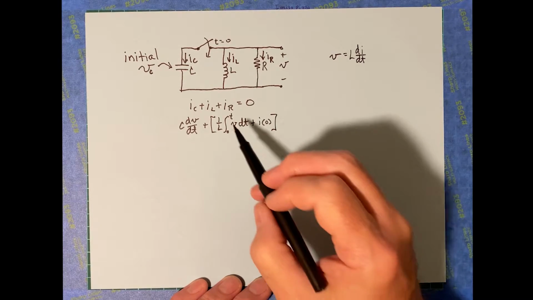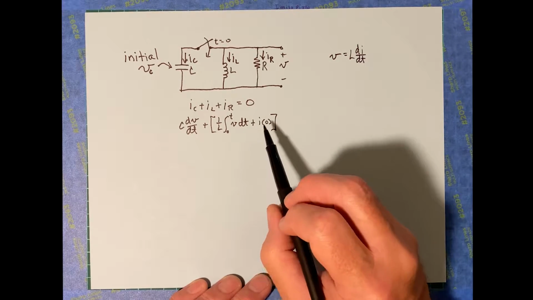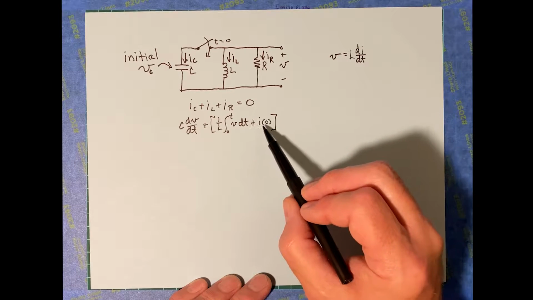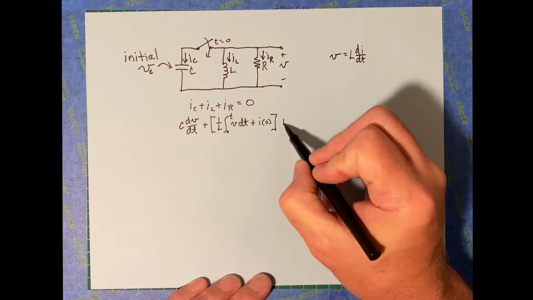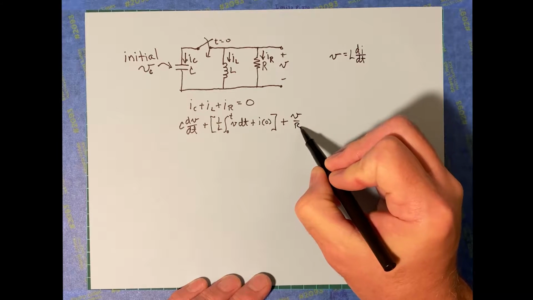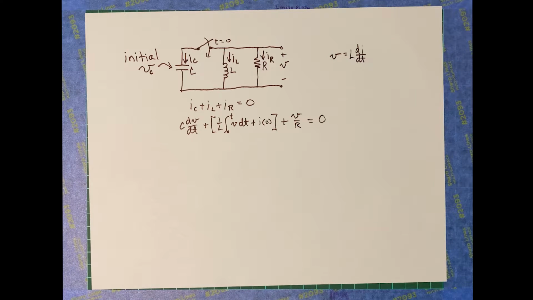That's the current through the inductor. In our example there was no initial current, so that term would be 0. Plus, for the resistor, it's just V over R, and that's equal to 0. Okay, we've got an equation here.